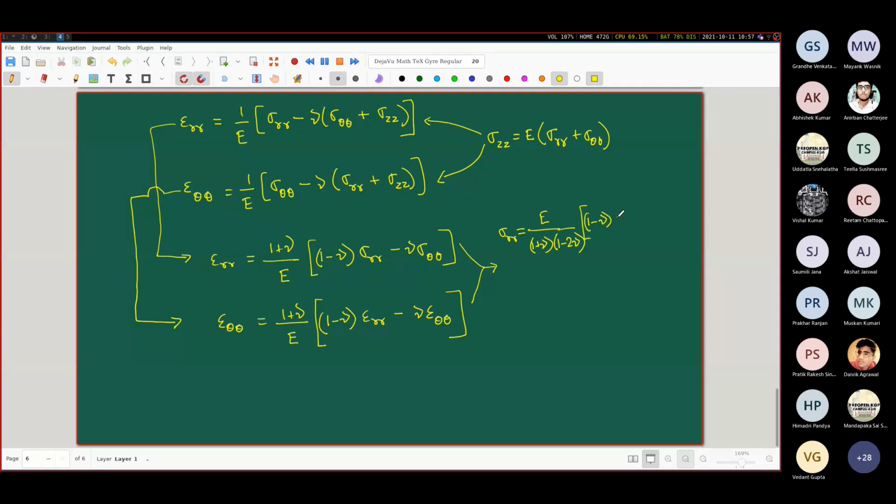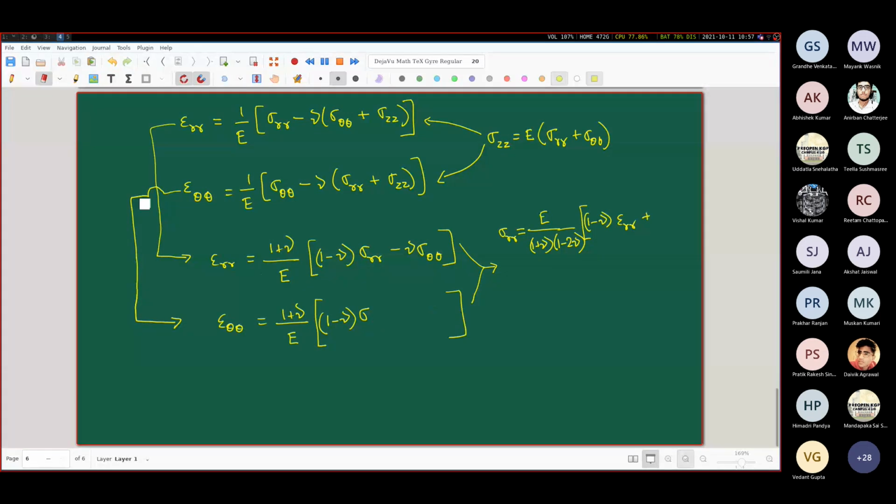Sir, in the second equation in the RHS, it should be sigma rr and sigma theta. Oh, sorry, sir. This one, right? This one and this one. Sorry. This would have never happened if I had done the actual thing myself. I'm copying it now, so I'm making mistakes. So should it be sigma theta theta minus nu sigma rr? Yeah, because everything is wrong. Everything is wrong.